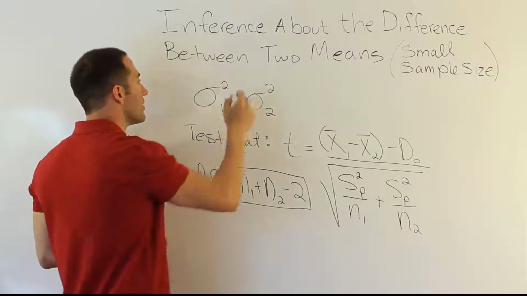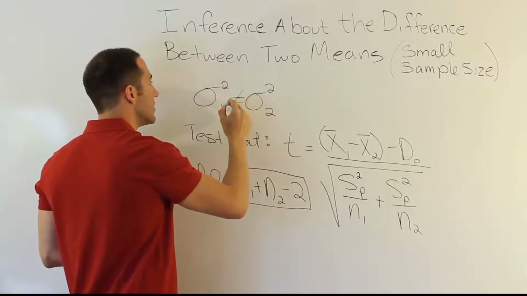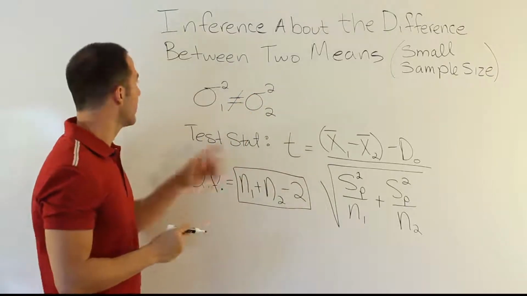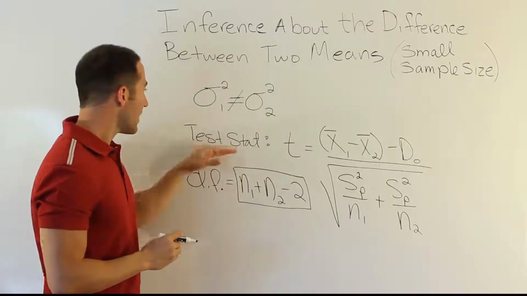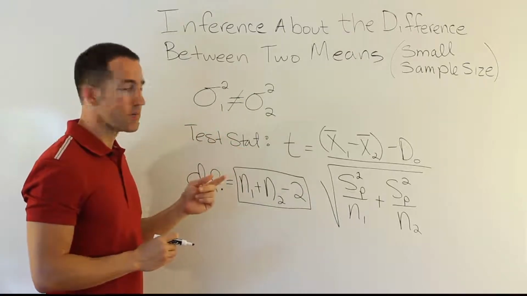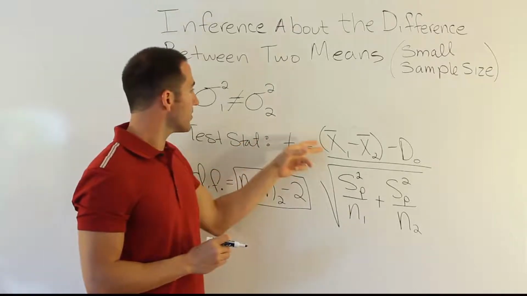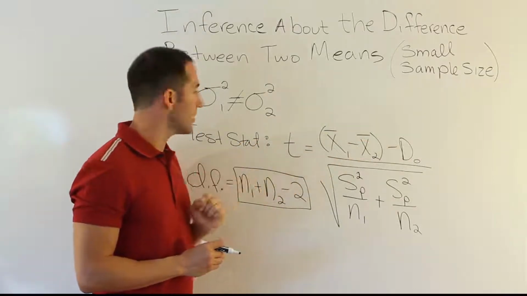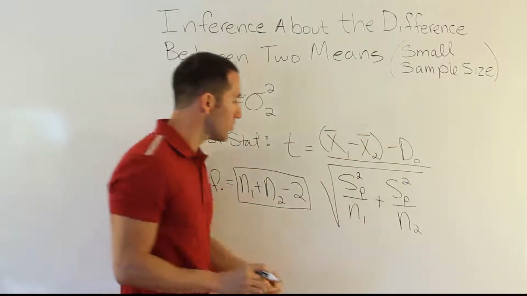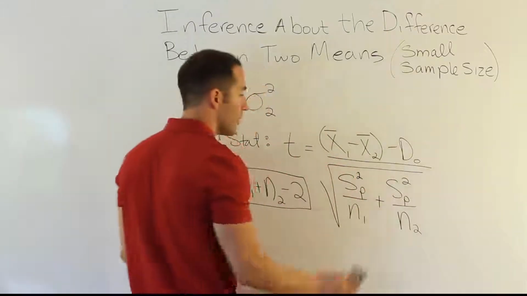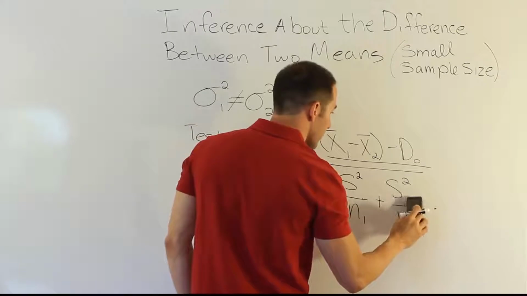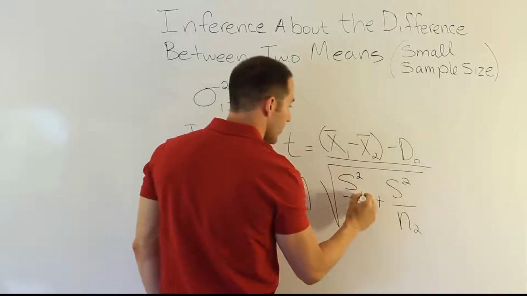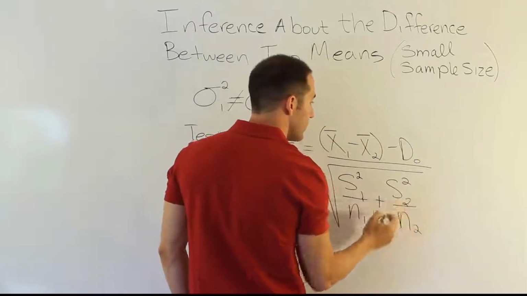What happens, however, when this condition is not true? So when we say that the population variances are not equal. Well, in that case, the test stat changes a little bit. We still have t, we still have the top part being identical, but down here, this bottom part will change. It'll be just S1 squared over N1 plus S2 squared over N2.